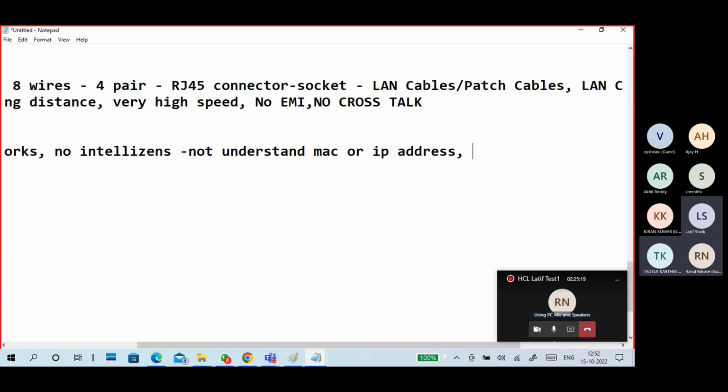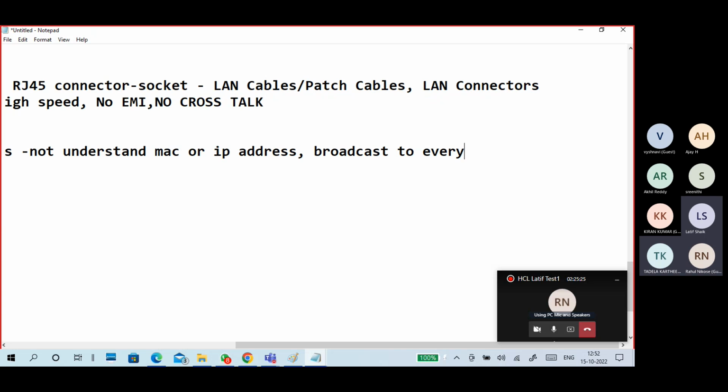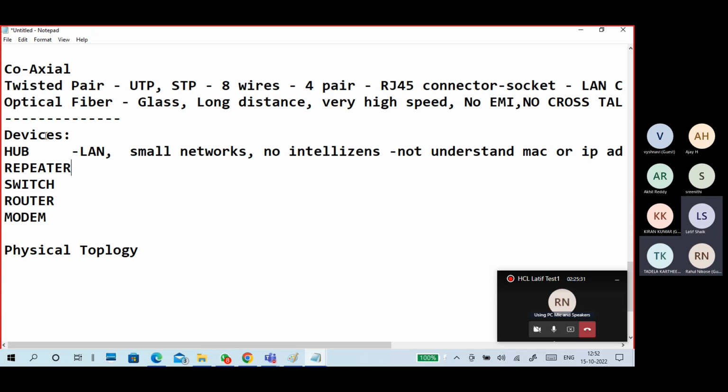It broadcasts to everyone. Repeaters are used to repeat the signal to communicate over a longer distance.